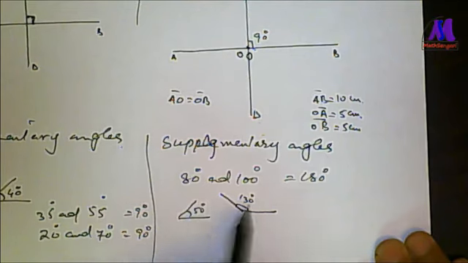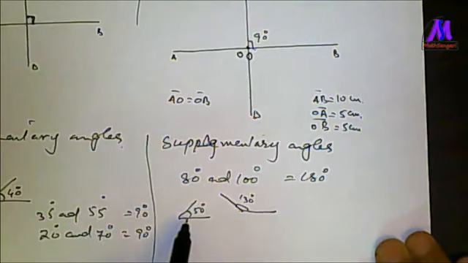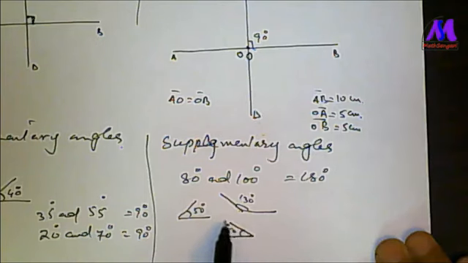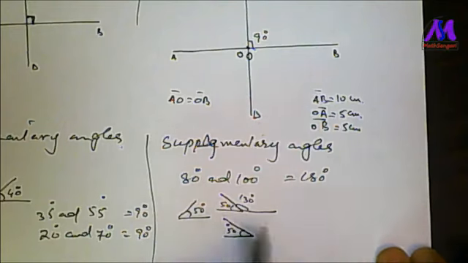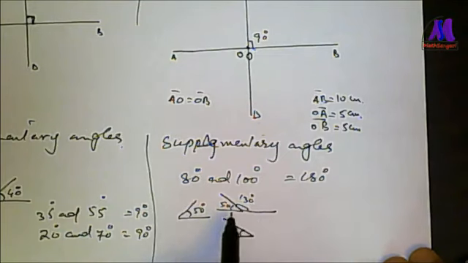Then 50 degrees plus 130 degrees will become 180 degrees. So 50 degrees and 130 degrees are supplementary angles to each other.